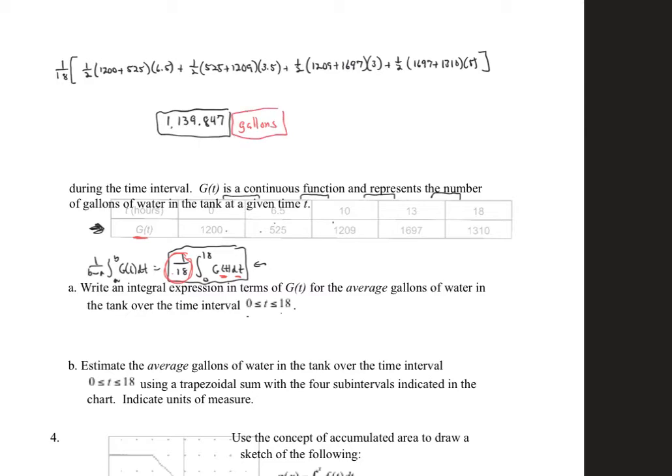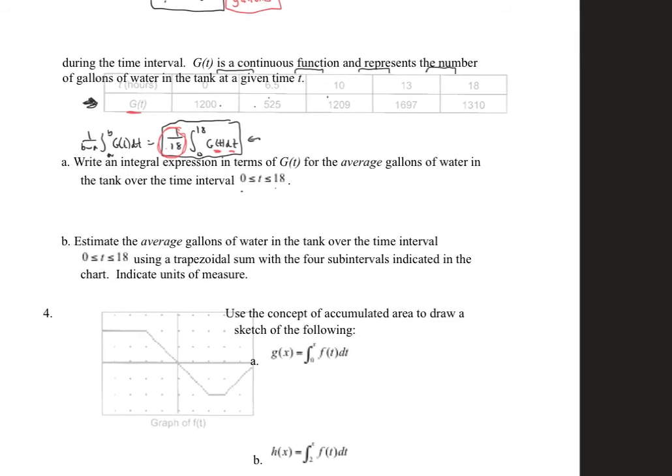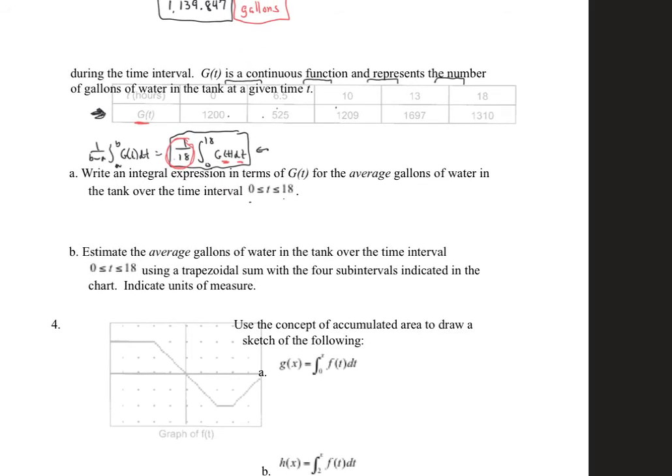So our tank at any moment in time had G of T gallons, and the average number of gallons in the tank is 1139.847.